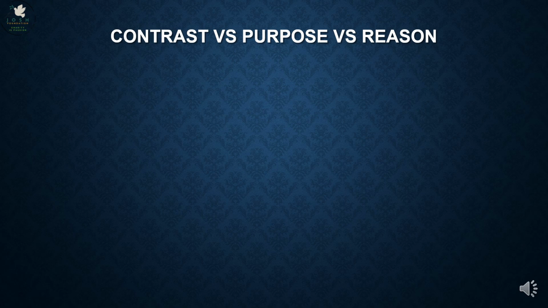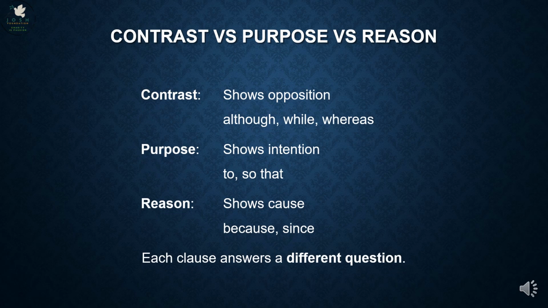Let's see the comparison between clause of contrast, clause of purpose, and clause of reason. Clause of contrast shows what? They show opposition, using although, while, whereas, though, even though. When I go into the clause of purpose, it shows intention.